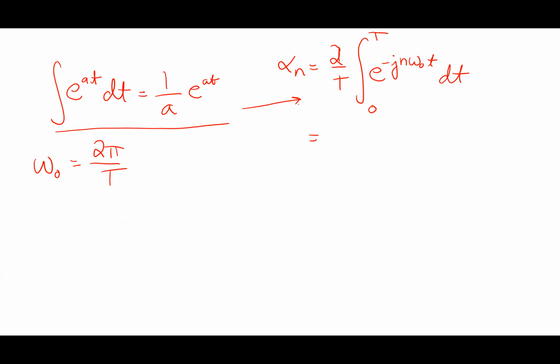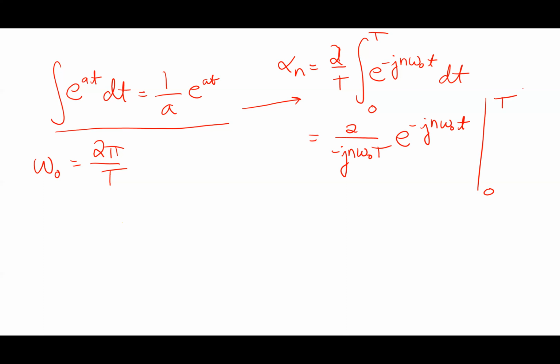What do I bring down in front here? What does that become? You pull down the negative j n omega naught. Yep. So this becomes 2 over negative j n omega naught times t times e to the negative j n omega naught t. And because this is a definite integral, I evaluate that from 0 to T.